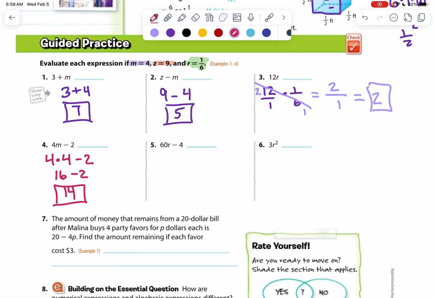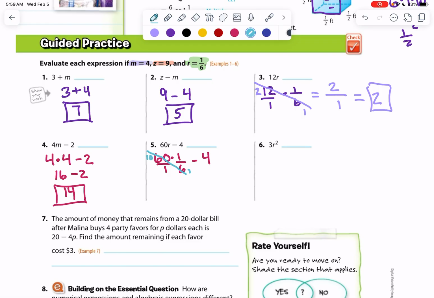60 times whatever R is minus 4. So 60 times, what is R? 1/6. Oh, minus 4. Put my whole number over 1. And I can cross cancel here. 60 and 6 are both divisible by 6. 6 divided by 6 is 1. 60 divided by 6 is 10.